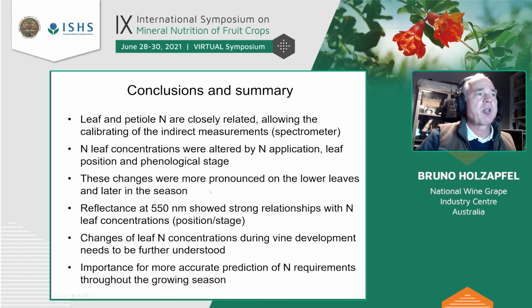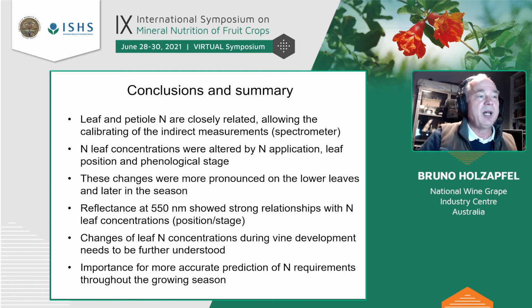So in conclusion, the first thing is that for nitrogen, it's not true for all nutrients, there's a close relation between leaf and PTO levels. So very good for calibrating and for indirect measurements, in this case with the spectrometer. The leaf concentrations were altered.